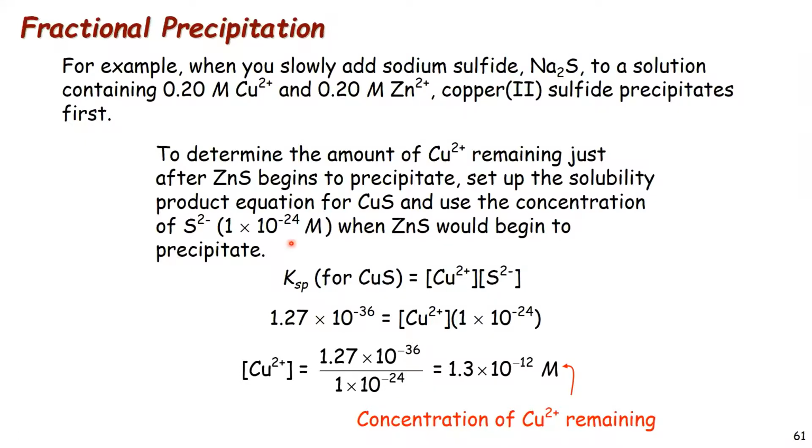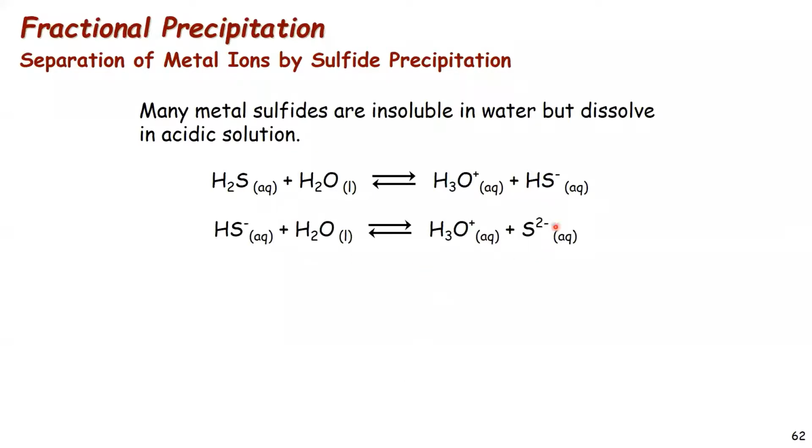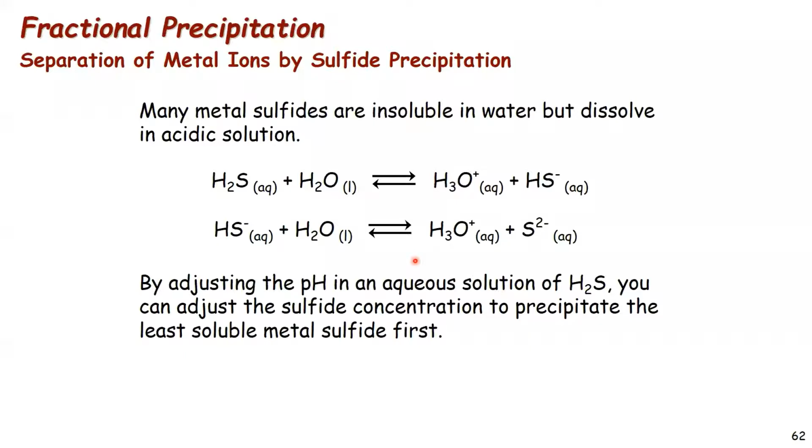So we need really, really small, controllable concentrations of sulfide to control our precipitation. So this has a really small Ka2 value, okay? So by simply controlling the pH of the solution, I can very well control the concentration of the sulfide in solution, okay?